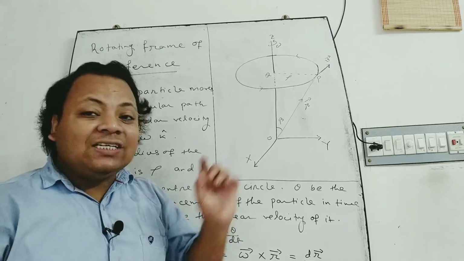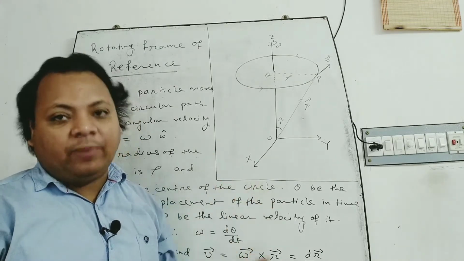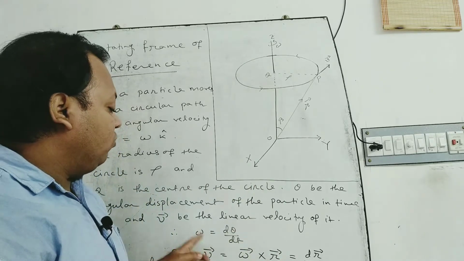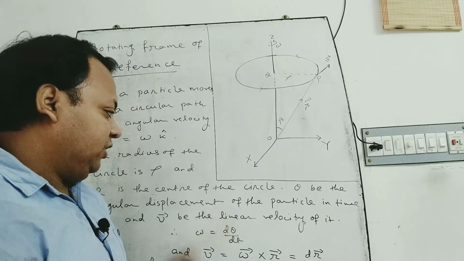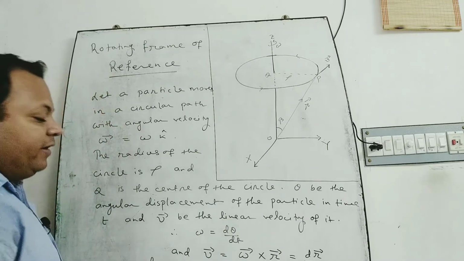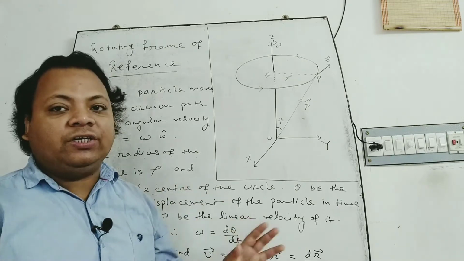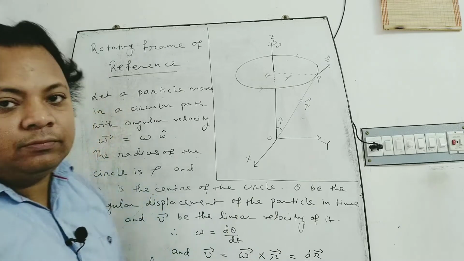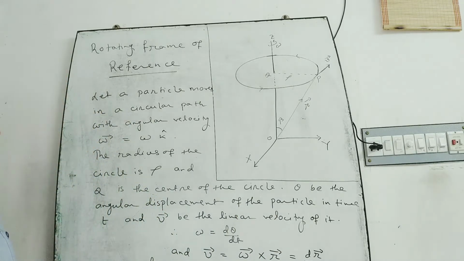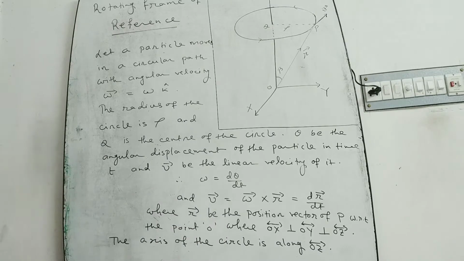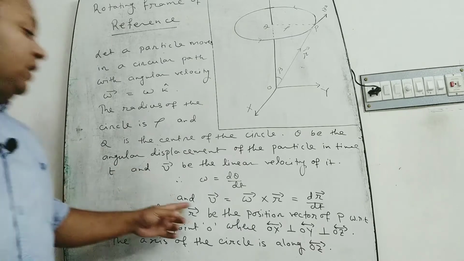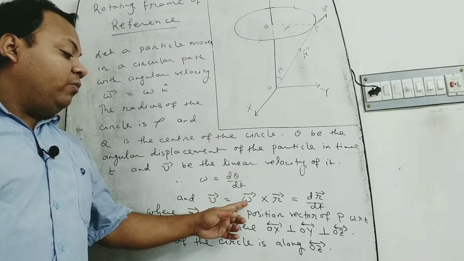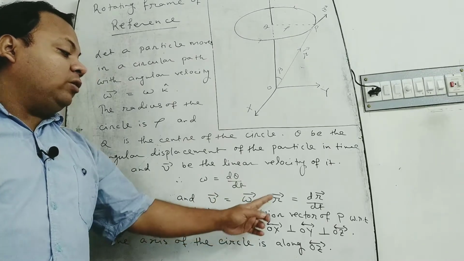If theta is the angular displacement of the particle, then we can write omega is equal to d theta dt. Here the unit of theta is radian. Therefore, the linear velocity of the particle, v vector, is equal to omega vector cross r vector.